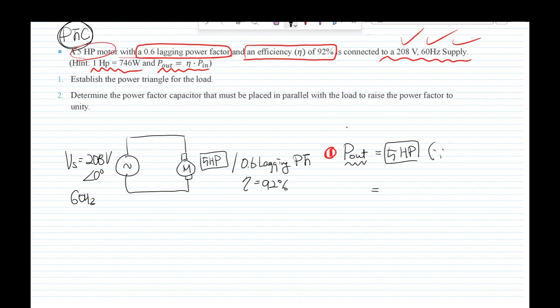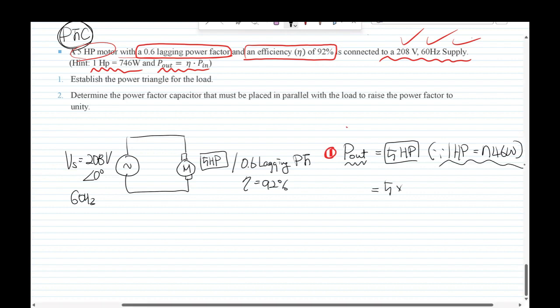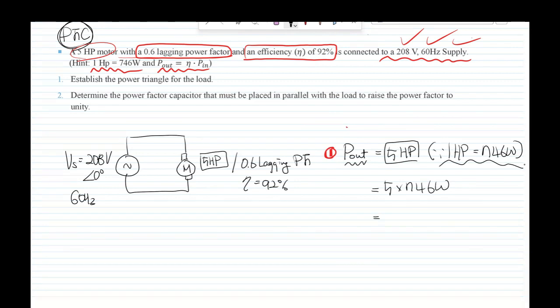We know that 1 horsepower is 746 watts. So 5 times 746 watts is 3,730 watts. That is the answer for question 1, the output power.